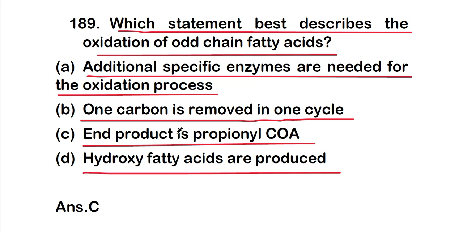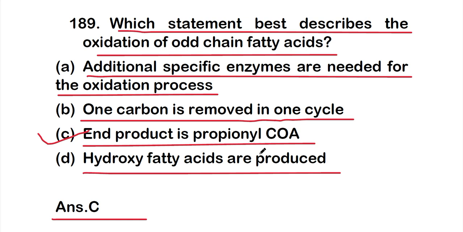So the right one is option C, that is end product is propionyl CoA. So which statement best describes the oxidation of odd chain fatty acids? That is end product is propionyl CoA.